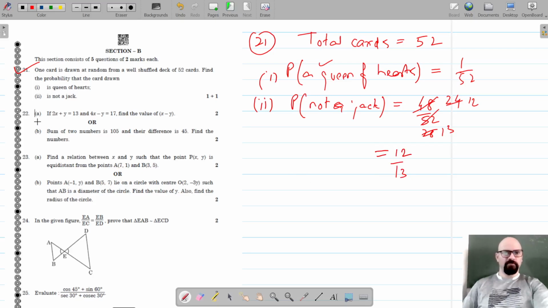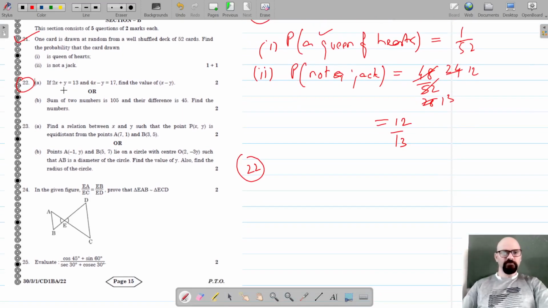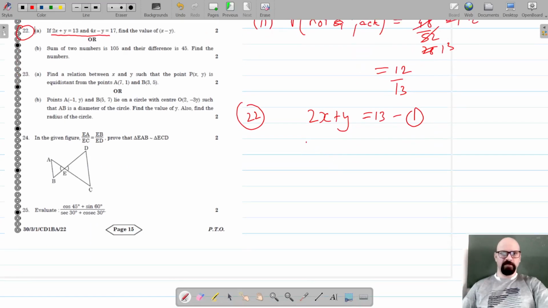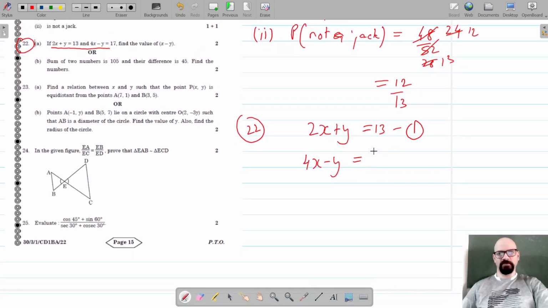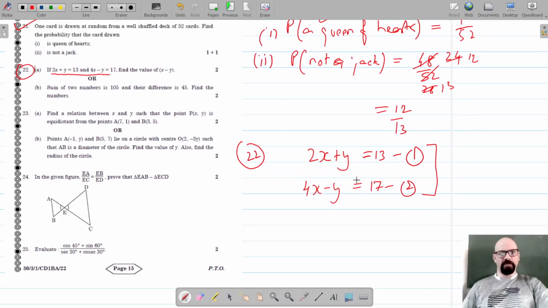Okay, for the next question, that is question number 22, we have to solve the set of equations, and the set of equations are 2x plus y is equal to 13. Let this be the first equation, and 4x minus y is equal to 17. This is the second equation. And we have to find the value of x minus y.